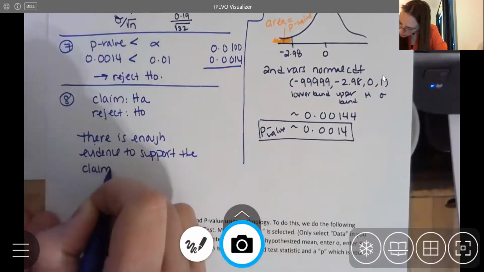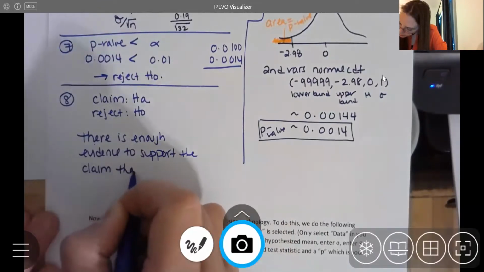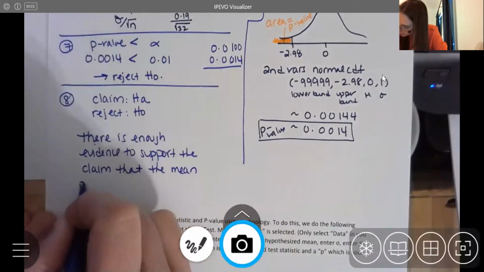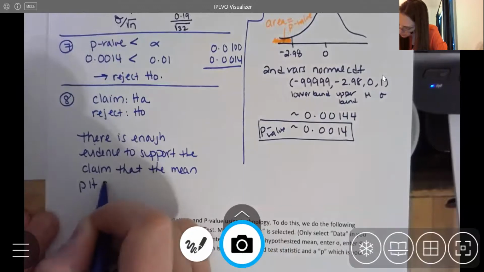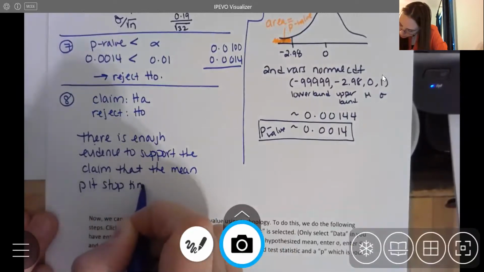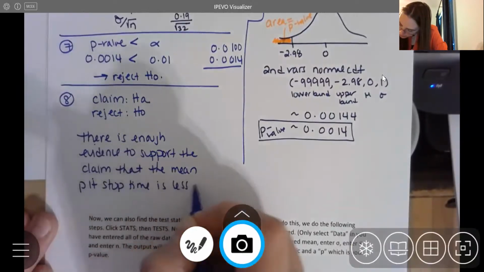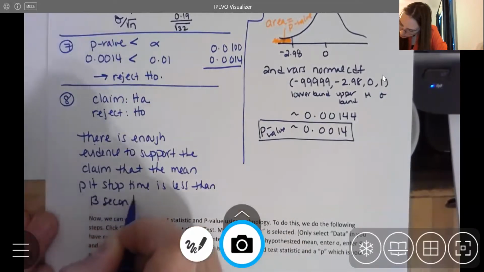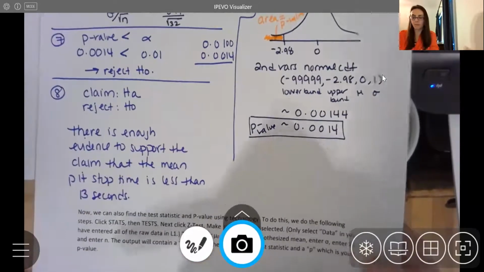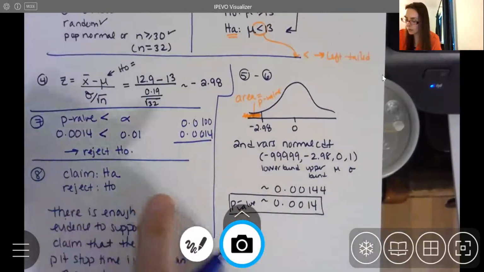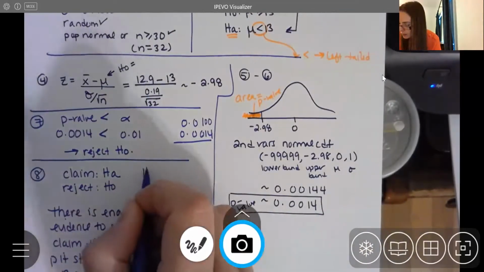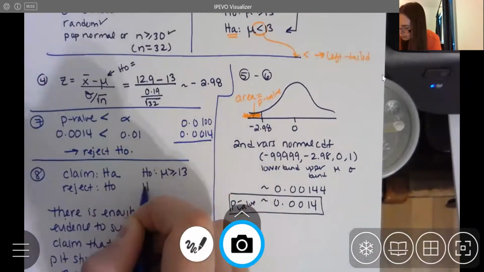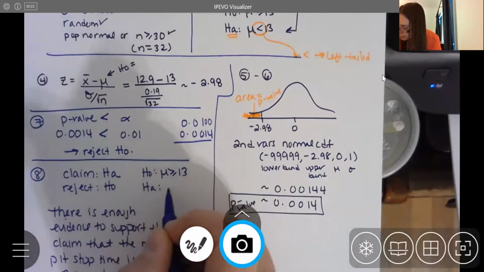And our claim here was the mean pit stop time is less than 13 seconds. So another thing you can do here, although maybe it's a little kind of funny, let me just rewrite our original problem here.